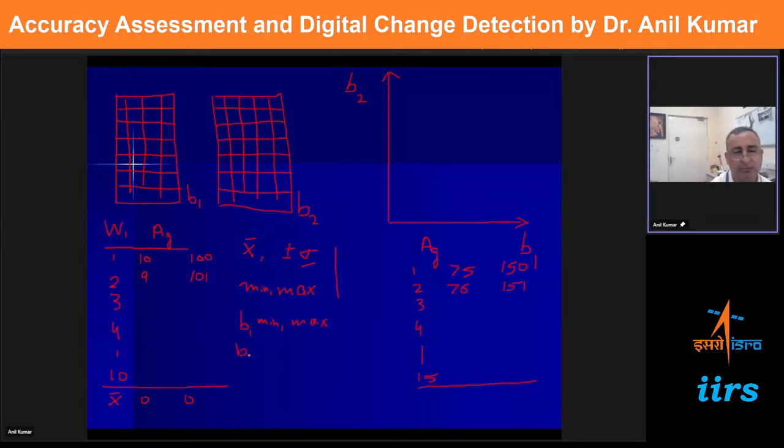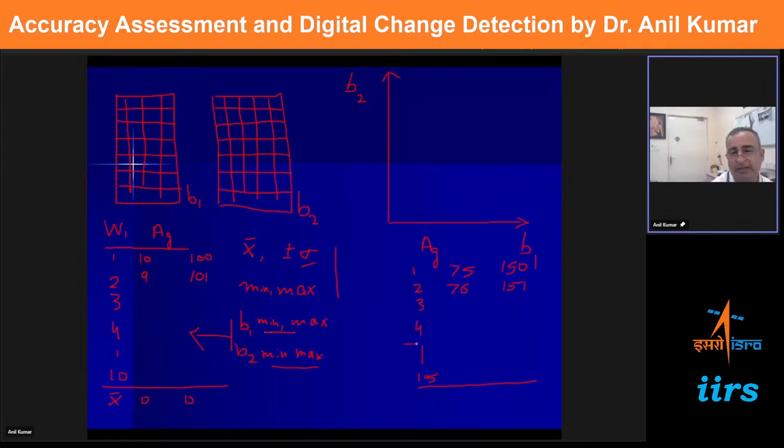Same way for band 2, we can find out minimum and maximum from the given training data. For water, from this training data we can find minimum and maximum in band 1, and same way in band 2.